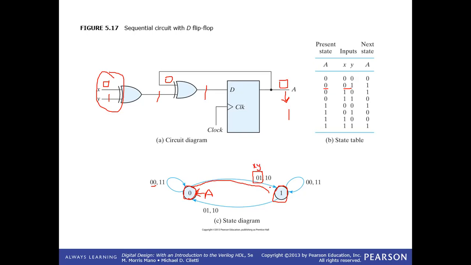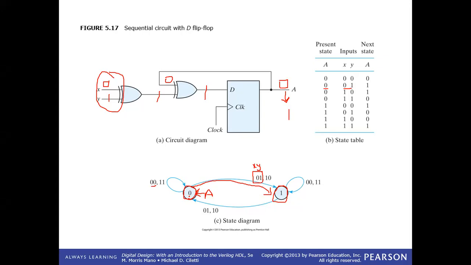Is this clear? Yes, sir. Aisha, Zujaj, you asked about this. From state 0 to state 1, this represents the output 0, 1. We have gone through the inputs 0, 1.